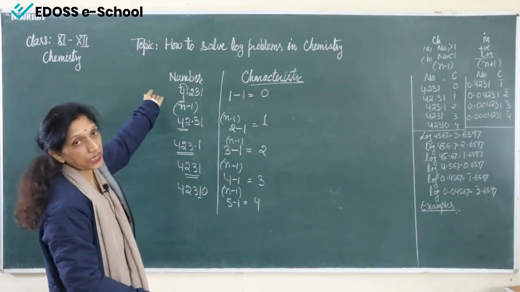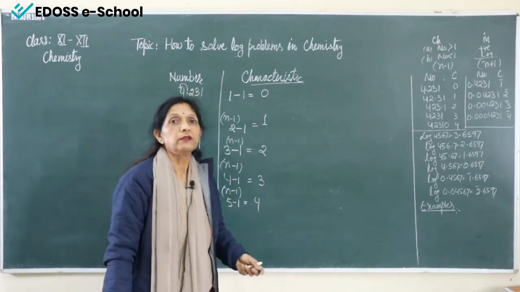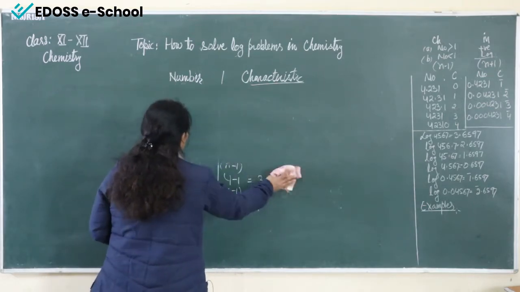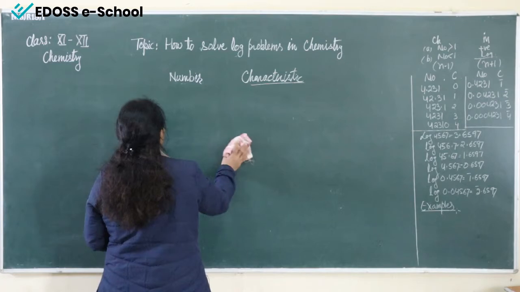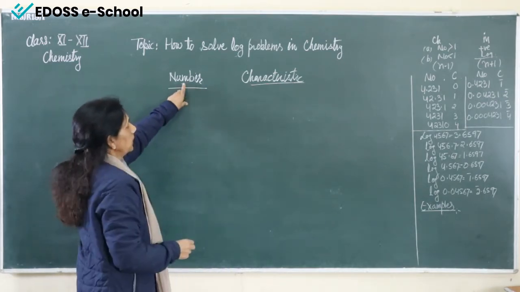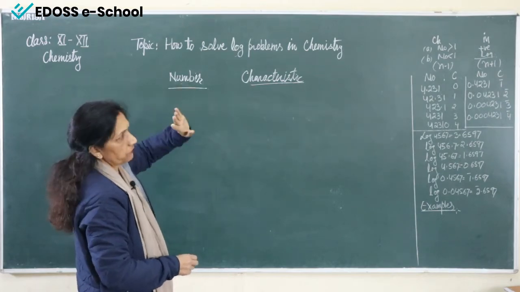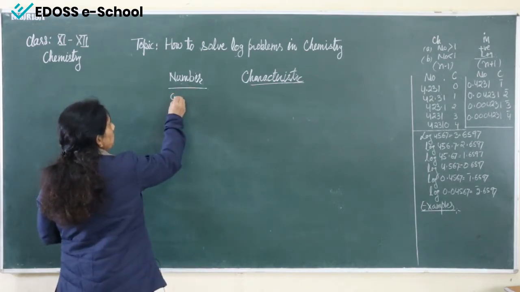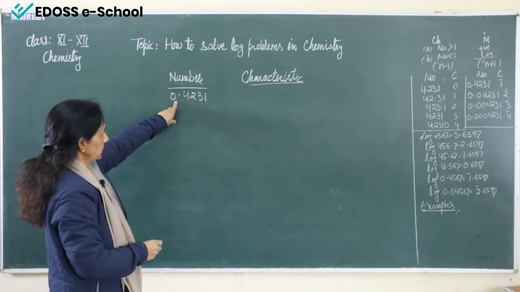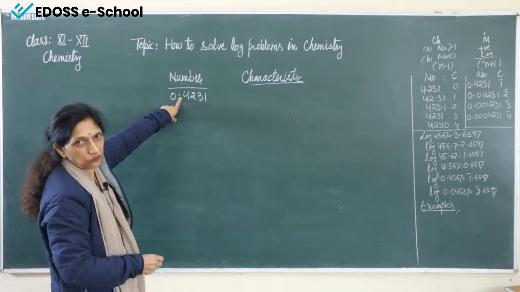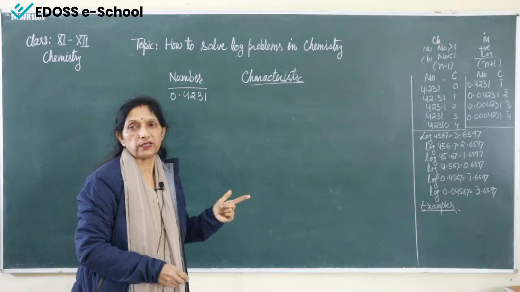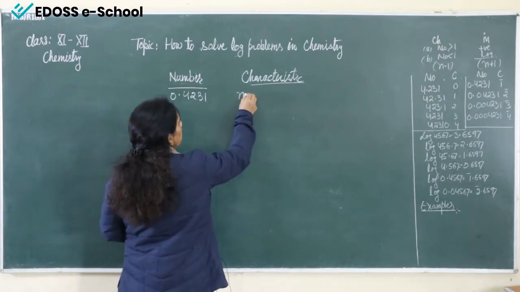Now second rule, when the number is less than 1. Same number if I am taking, 0.4231, now see in this number, this number is less than 1. So now we will apply the second formula, that is n plus 1.